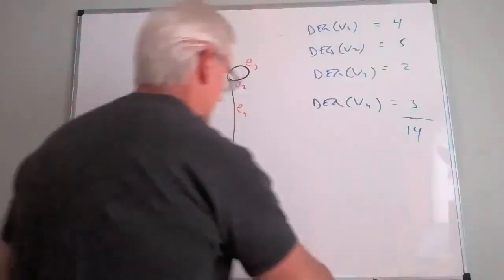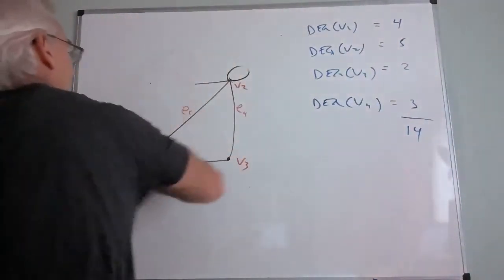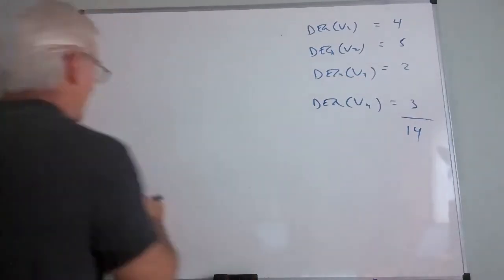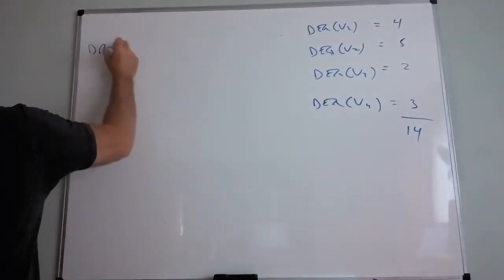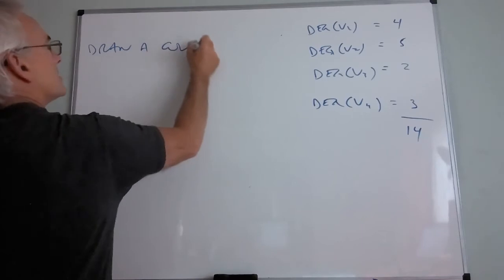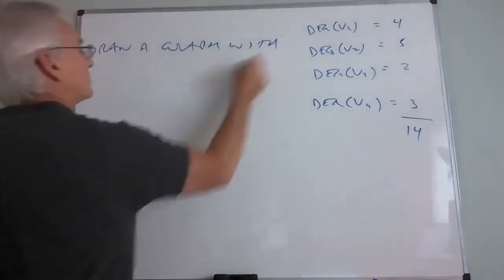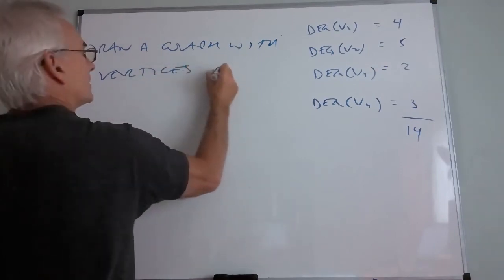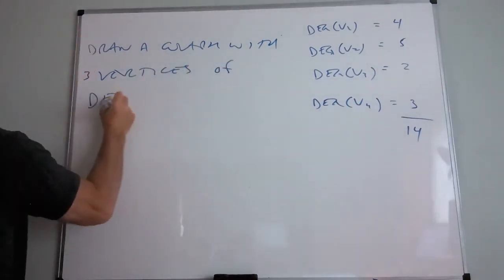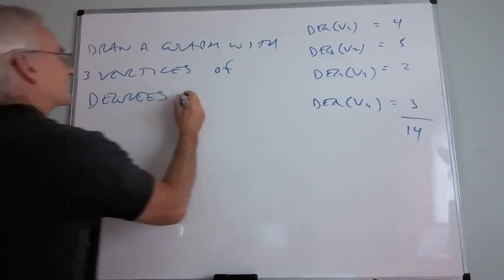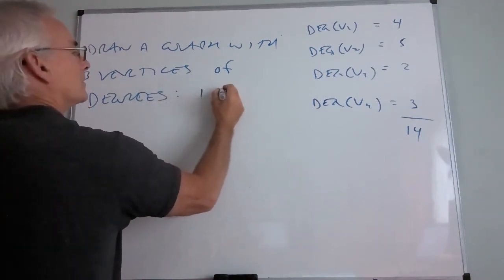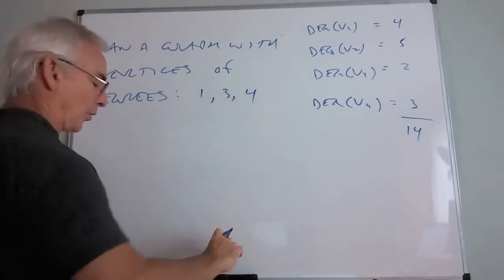So now we want to do an exercise. This is where you get to be a bit creative. I want you to draw a graph. We'll keep it simple with 3 vertices of degrees 1, 3, 4.